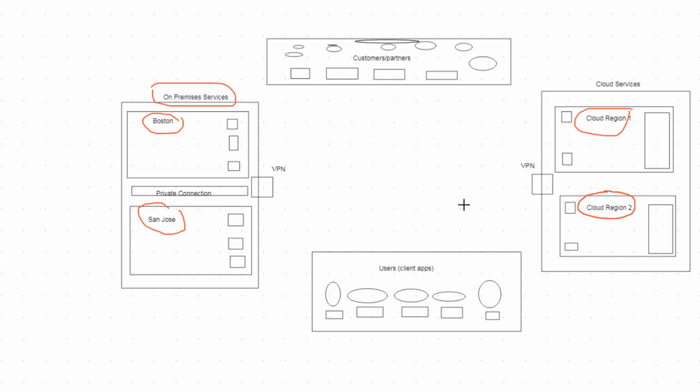If you're not familiar with the region, a region is basically a geographic area where the cloud services are deployed, for example, US East, US West, US Central, Asia Pacific, wherever that region is. And that's associated with the cloud provider, whether it's AWS, IBM, Google, or Azure.